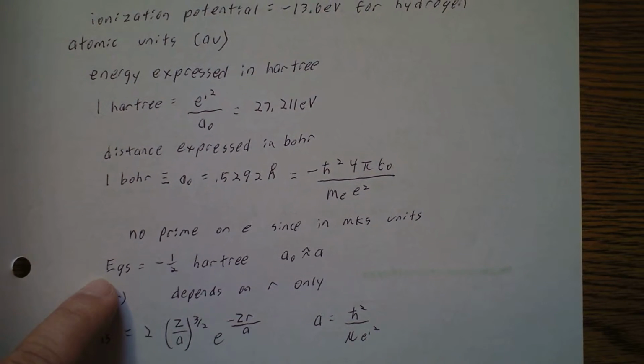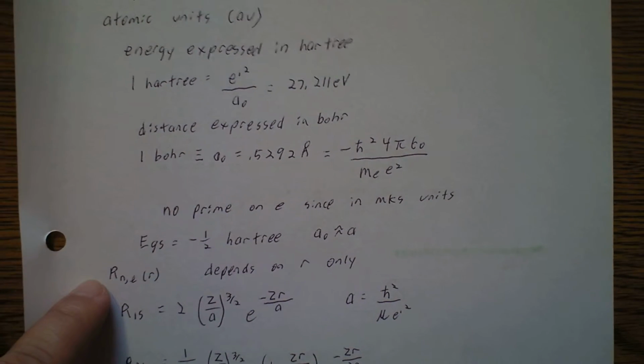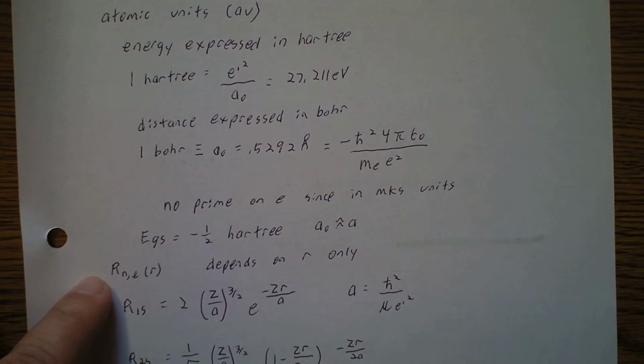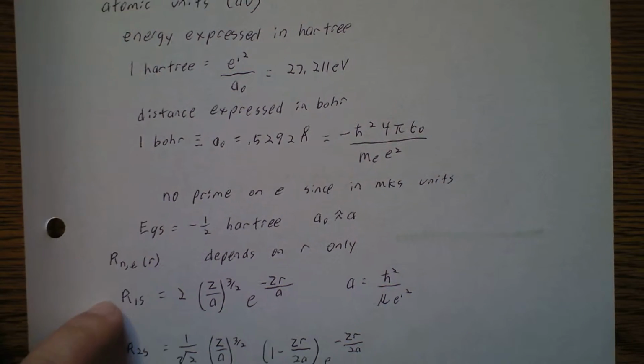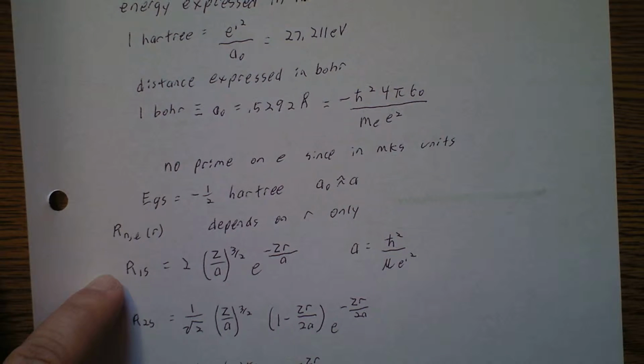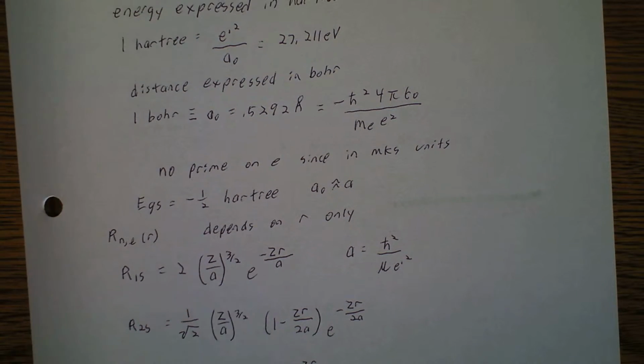So the energy in the ground state is equal to minus 1/2 Hartree. We get R, which is a function of the quantum numbers n and l, and it depends only on r. For 1s, R is equal to 2 times Z over a to the 3/2 times e to the minus Zr over a.